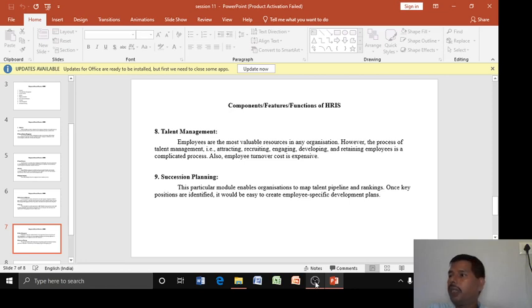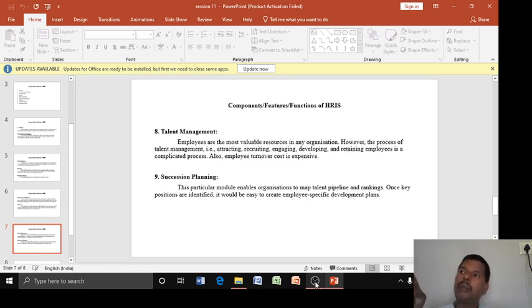Employee turnover cost is also expensive. If after giving every training, the employee leaves the organization, it is lost to the company. Therefore, it has to be handled very carefully. In this context, with a human resource information system, as all the relevant data are in the system, it is easier for management to have control over talent management.